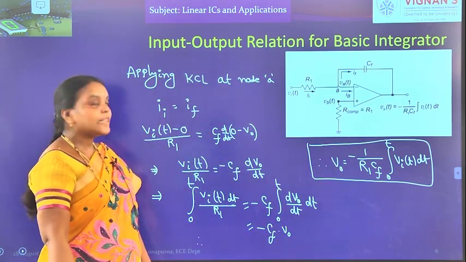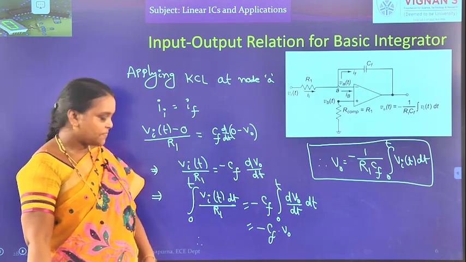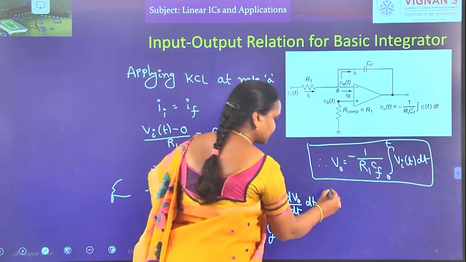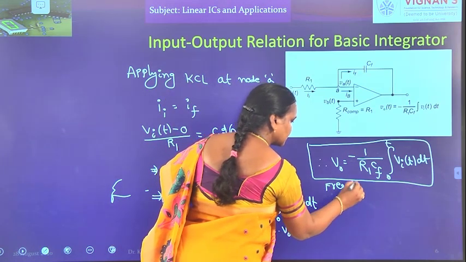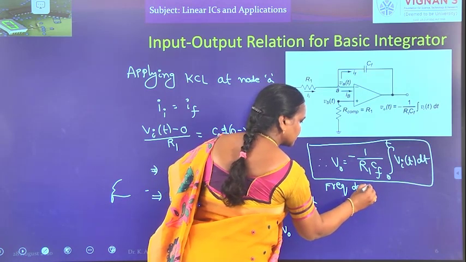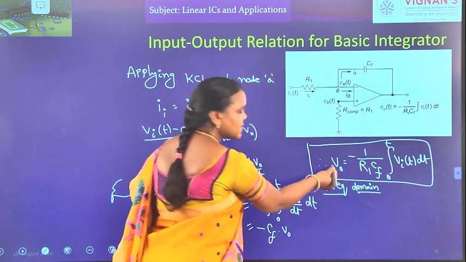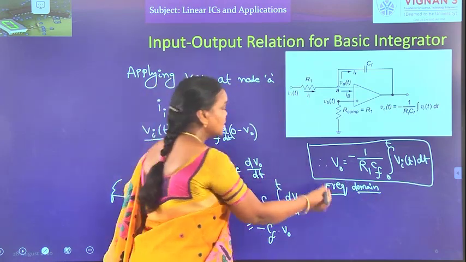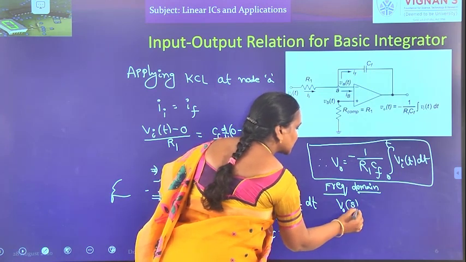Now, if we see it in the frequency domain, convert this final expression into the frequency domain, what will you get? V naught means actually V naught of t. Converting into the frequency domain, I am converting into the Laplace transform.